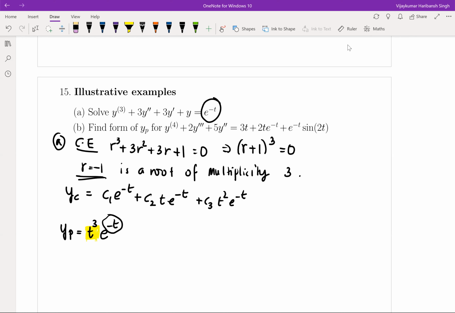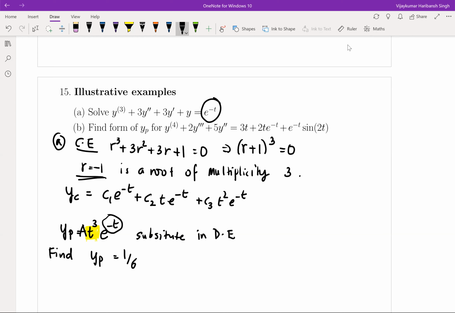So substitute this into the differential equation. Now you need a coefficient, so let's say A times this. Substitute it in and find A. It's an easy exercise, you should do it.